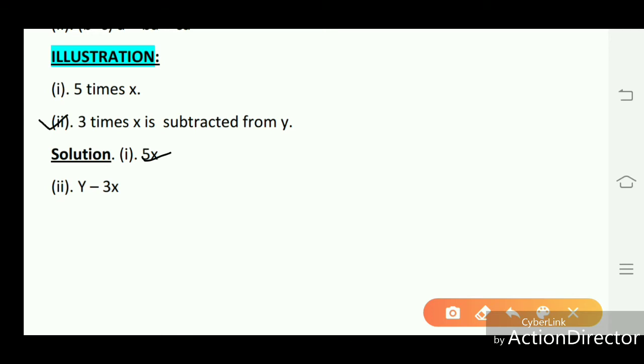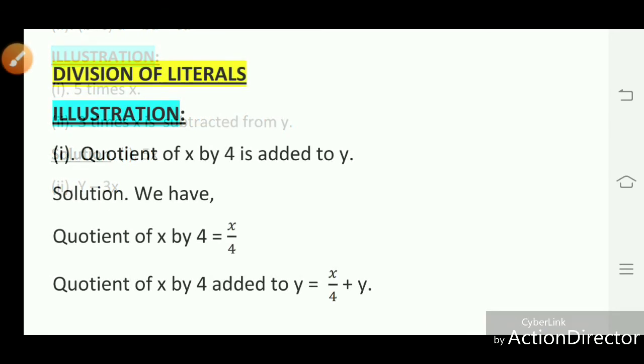The second example: 3 times x is subtracted from y. Here 3 times x means 3x, and subtracted from y means y minus 3x. So in the solution we write y minus 3x.